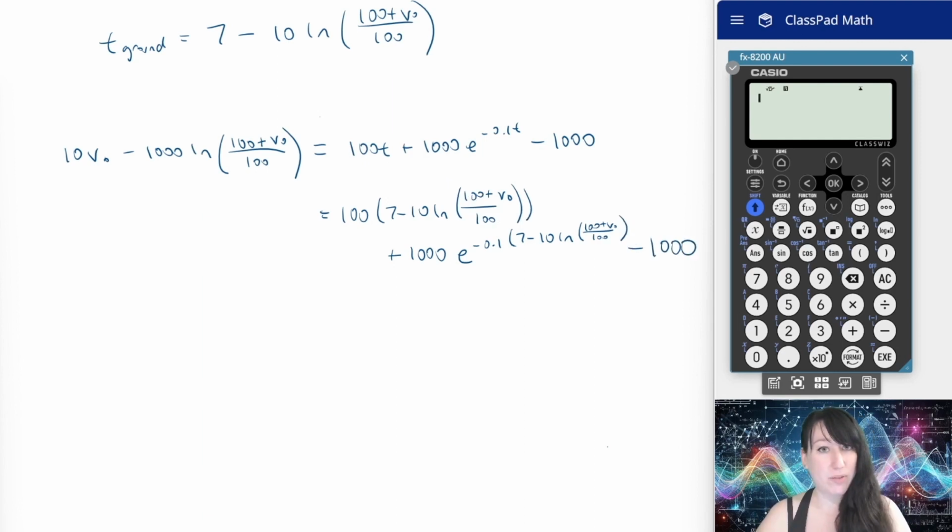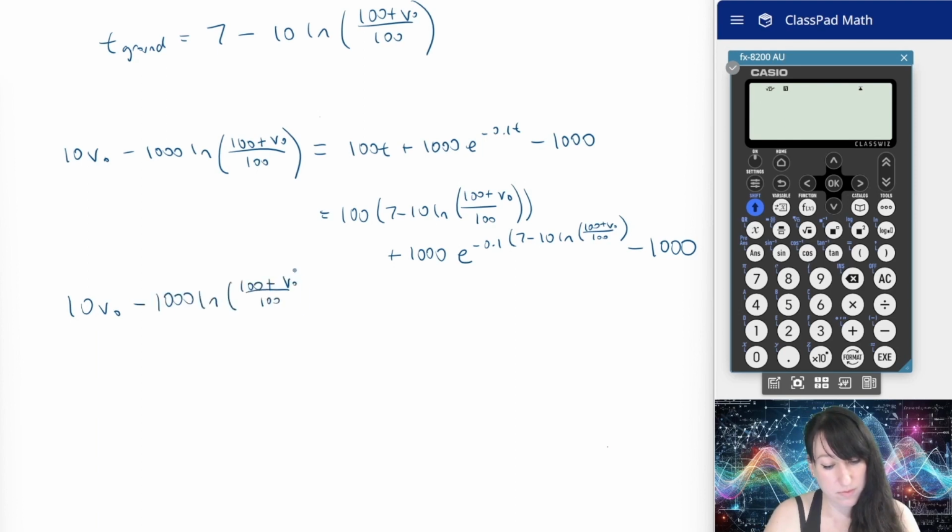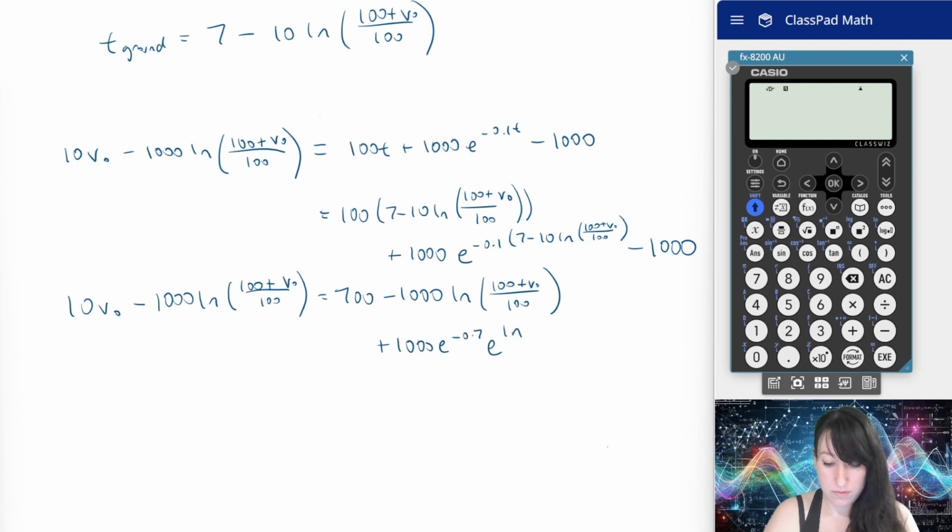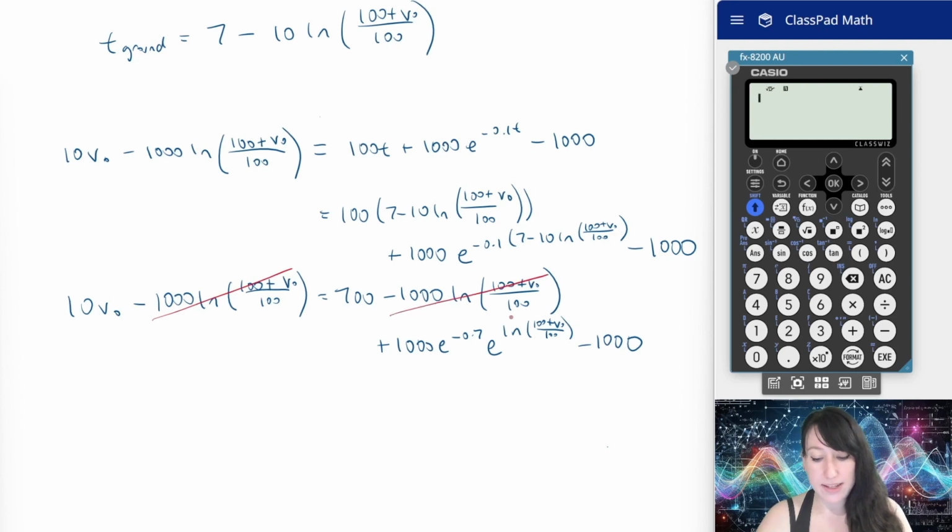Okay, let's solve for V naught. The negative 1000 ln's will cancel on both sides. E to the ln will also cancel here.